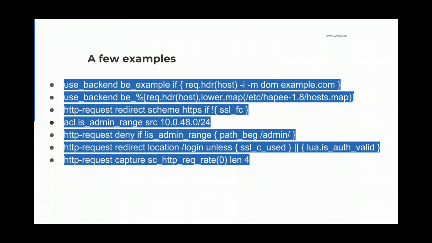This is very useful for, in this example, capturing a request rate of clients so you can determine thresholds. You can also capture headers, you can capture body parts, all sorts of different things can be done via capture. So it's something important to keep in mind, especially when figuring out why an ACL is doing what it's doing.